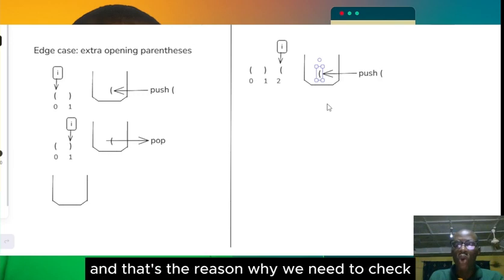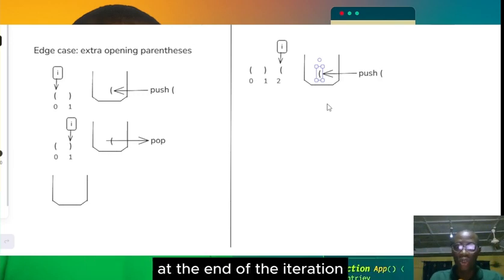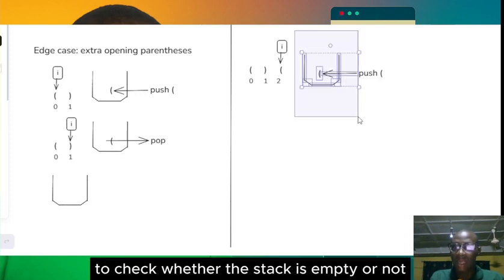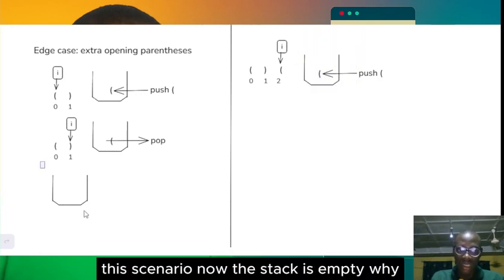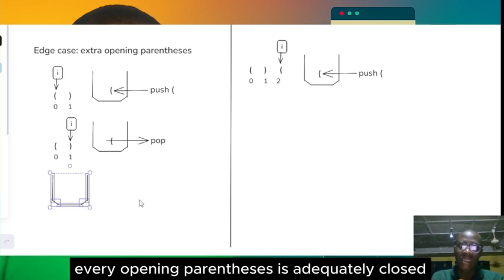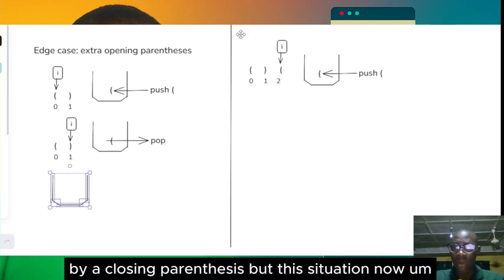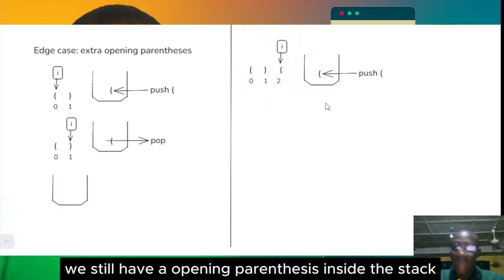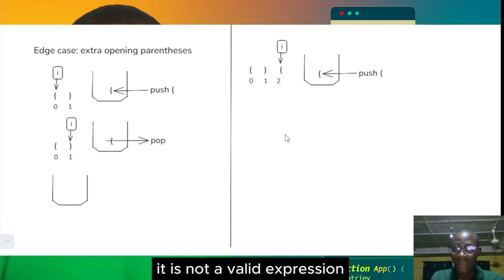occurred. That's the reason why we need to check, at the end of the whole iteration, whether the stack is empty or not. So look at this scenario now, the stack is empty. Why? Because every opening parenthesis is adequately closed by a closing parenthesis. But in this situation, we still have an opening parenthesis inside the stack that is not closed, therefore it is not a valid expression.